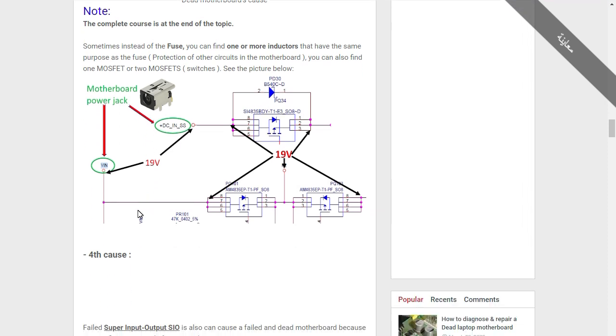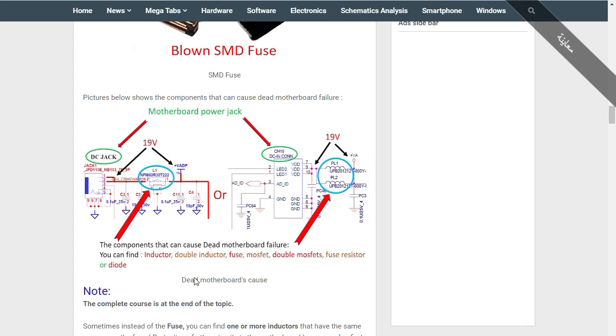Okay? Then of course, after the visual inspection, after checking the power jack, you can check the MOSFETs near the power jack. Of course, you can find MOSFETs or fuses or diodes, protection diodes, etc. That's why here, for example, we have the DC jack.